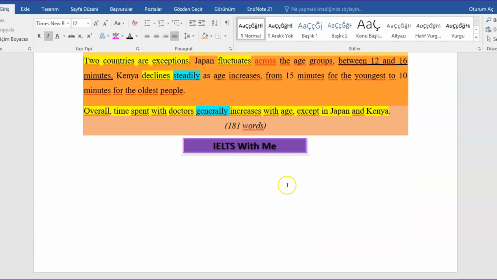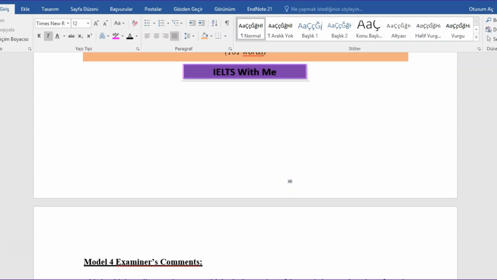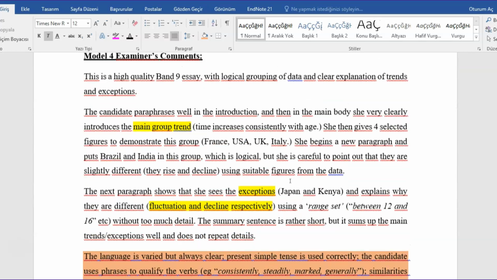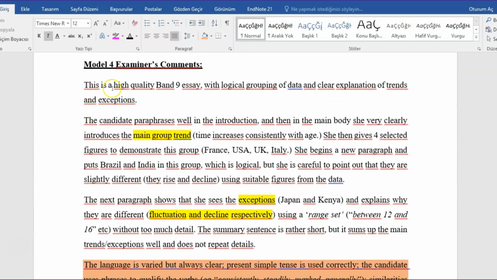Let's take a look at the examiner's comment. This is a high-quality Band 9 essay. Why? Because of the logical grouping of data and clear explanation of trends and exceptions in the table.